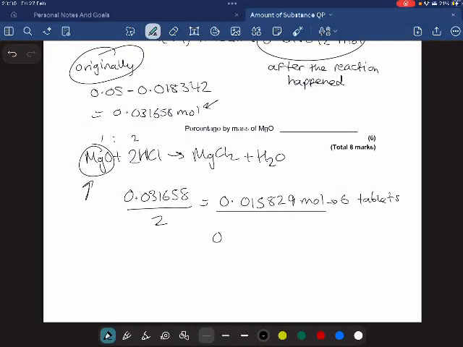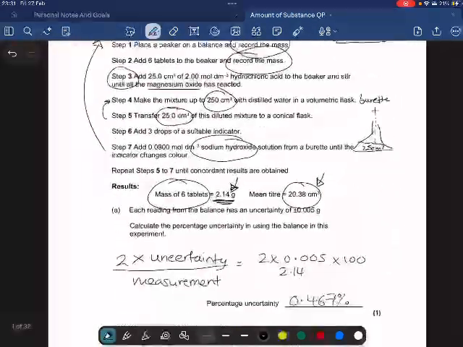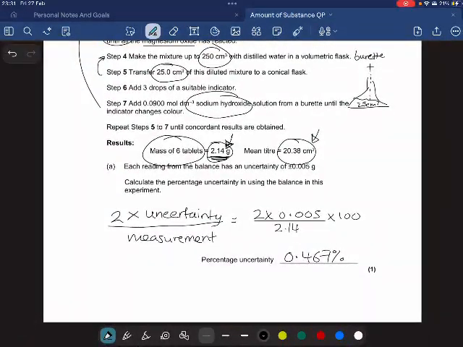Now, to find the mass in 6 tablets, we just times this by the MR of MgO, which, if you look on a periodic table and add the MRs, would be 40.3, and multiplying that together, you get 0.6379 grams. And now the final step is obviously, like I said, we're using the 2.414 grams.